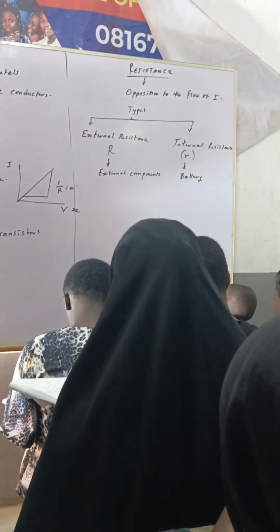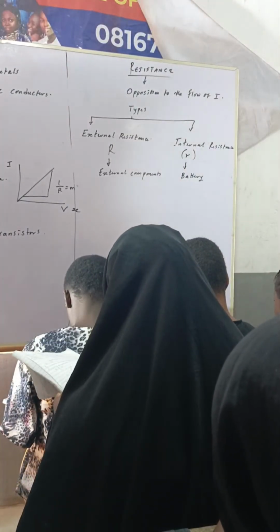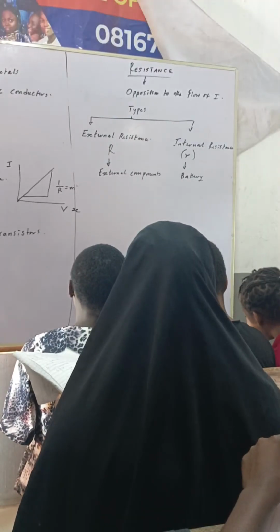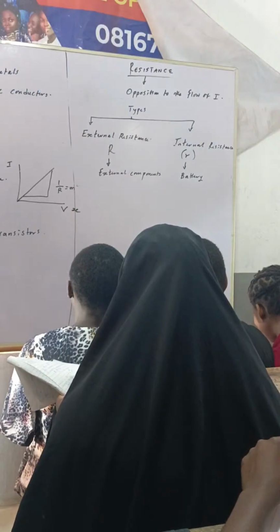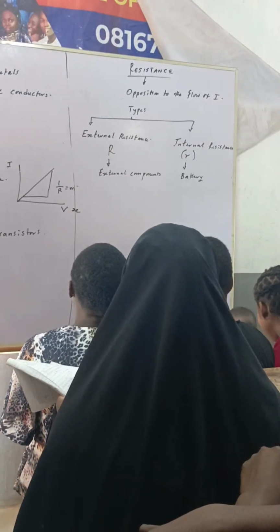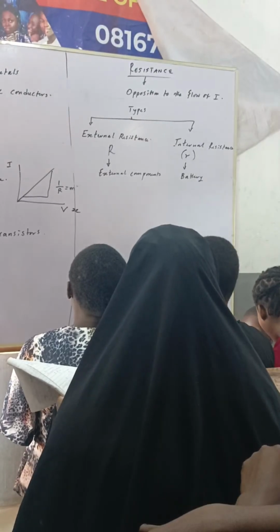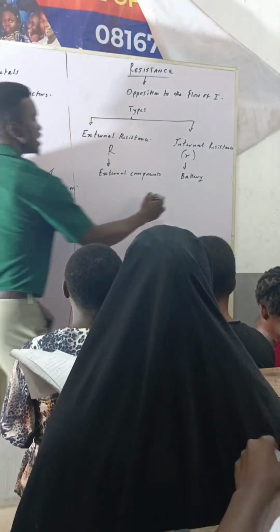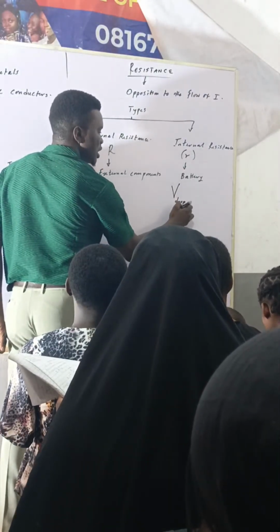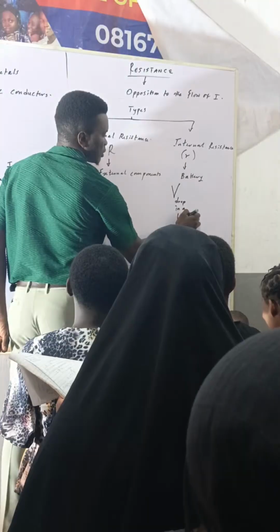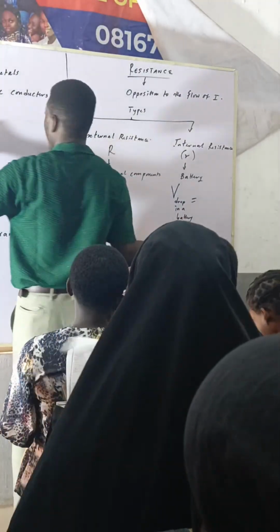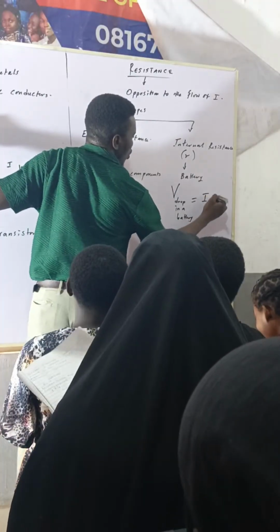Now, let's say I want to calculate the work done inside the battery, like lost voltage. Which resistance will I use, the small r or the capital R? The voltage drop in a battery, we usually call it the lost voltage, and that gives I times small r.